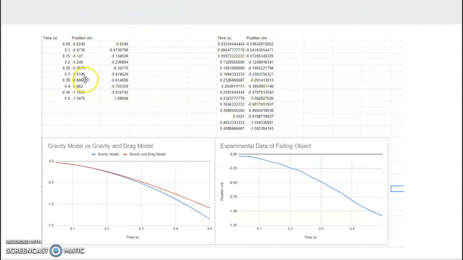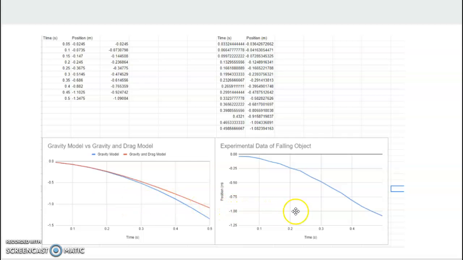And so we were able to compare these different models to the actual experimental data of the falling object. And in this case, the gravity and drag model was closer to the experimental data, as it showed a similar terminal velocity and similar position as it reached this half second mark.